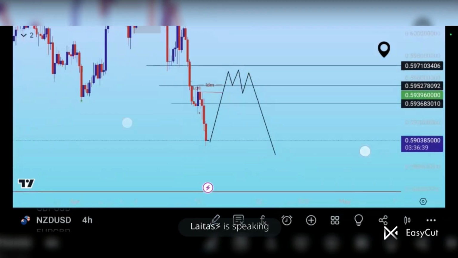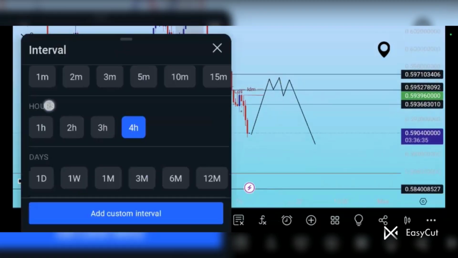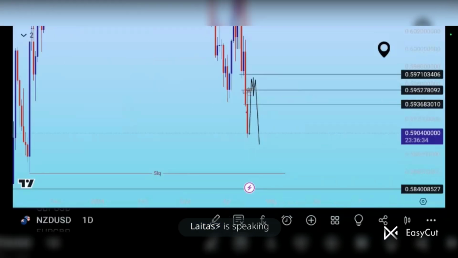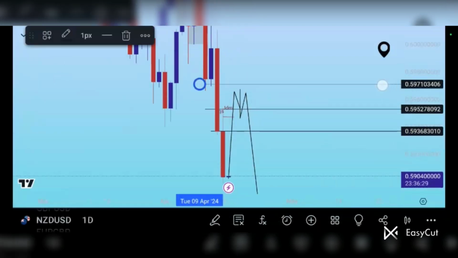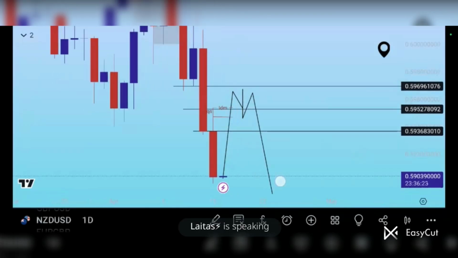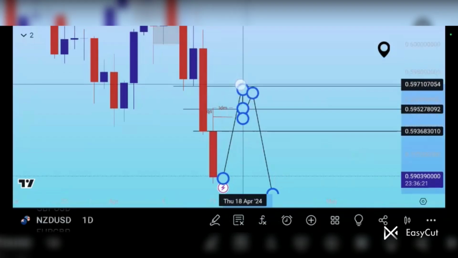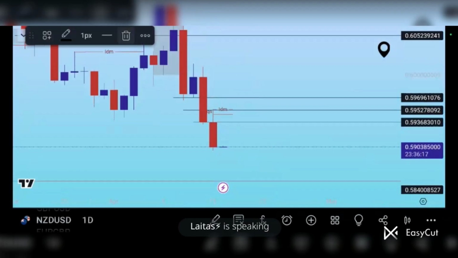If we are going to retrace back, let me check daily. Price can even feed this imbalance here, and come down.